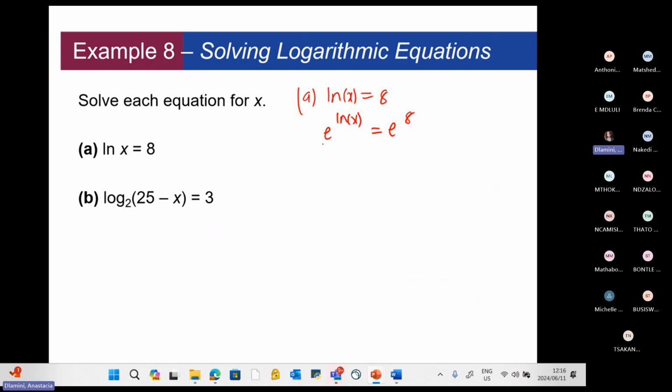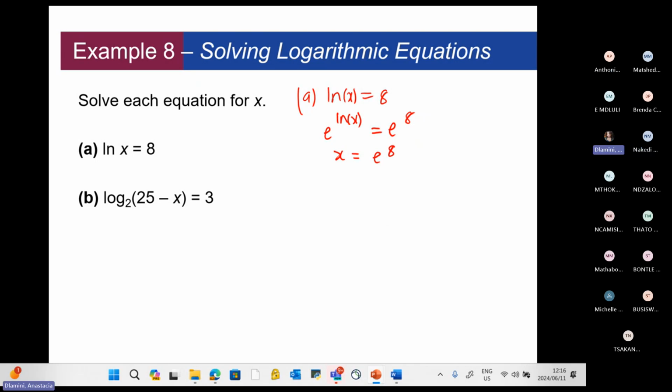Because this function is a one-to-one function, it allows us to do this. Because e to the power of ln of x is equal to x, according to property number 4, on this side x is equal to e to the power of 8. Are we together?